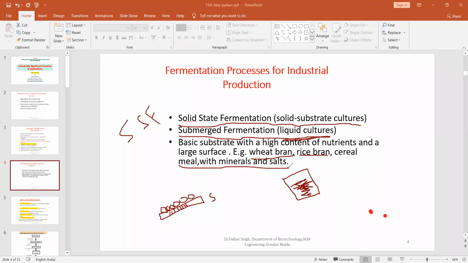We are not using pure forms like sucrose and dextrose. At lab scale, you can use the pure forms, YPD broth, yeast extract broth. But in industry, we go for substrates like cane molasses, wheat bran, soybean meal, rice bran for getting the products. Let's move on to the next portion.